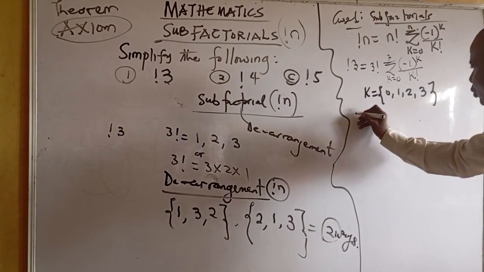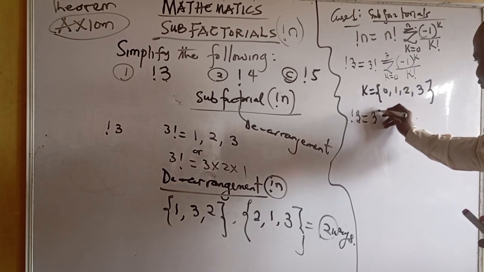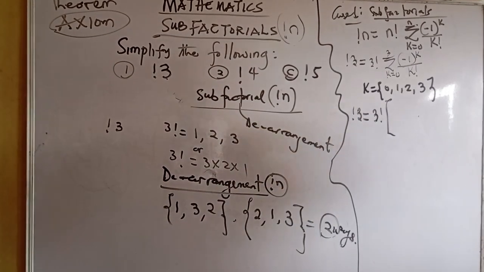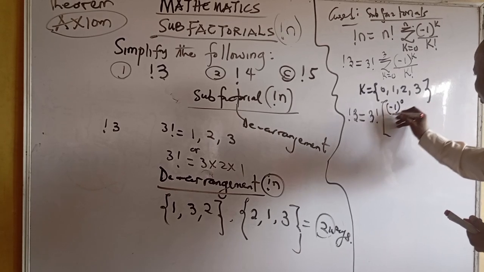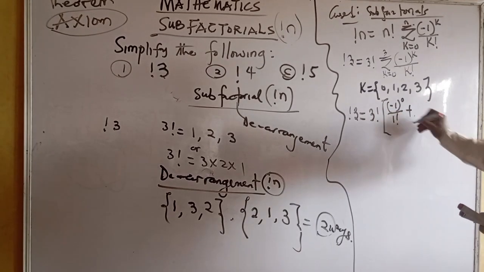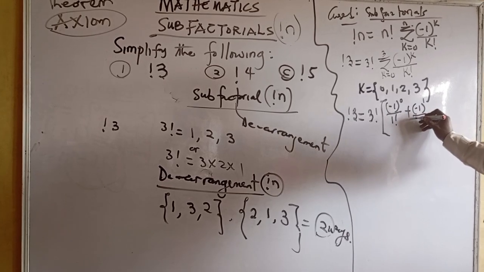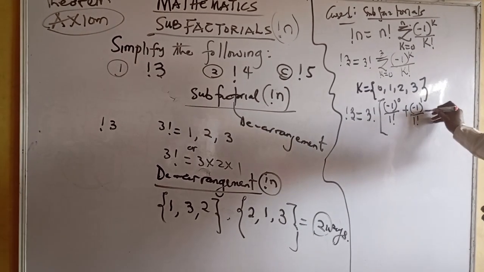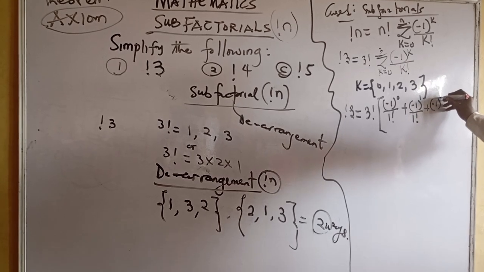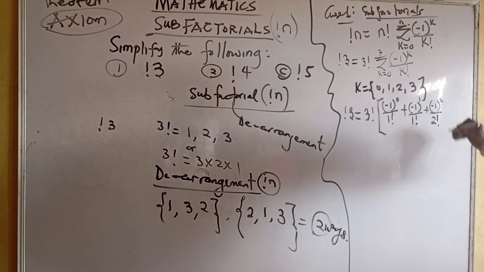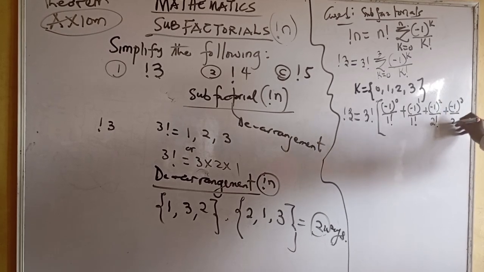I start from 0. Sub-factorial 3 is equal to 3 factorial, bracket, I begin to substitute where they belong: minus 1 raised to power 0 over 0 factorial, plus the next one, minus 1 raised to power 1 over 1 factorial, plus minus 1 raised to power 2 over 2 factorial, plus minus 1 raised to power 3 over 3 factorial.